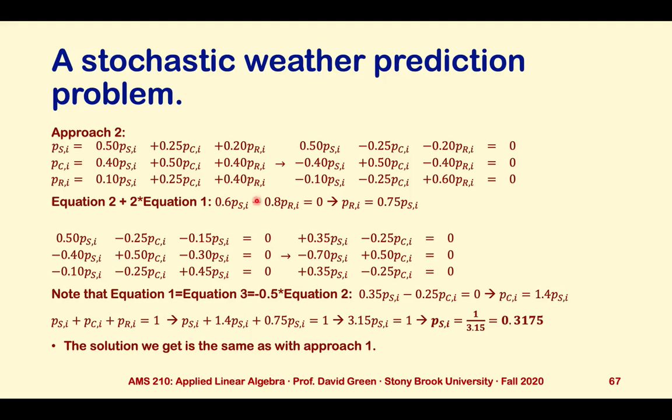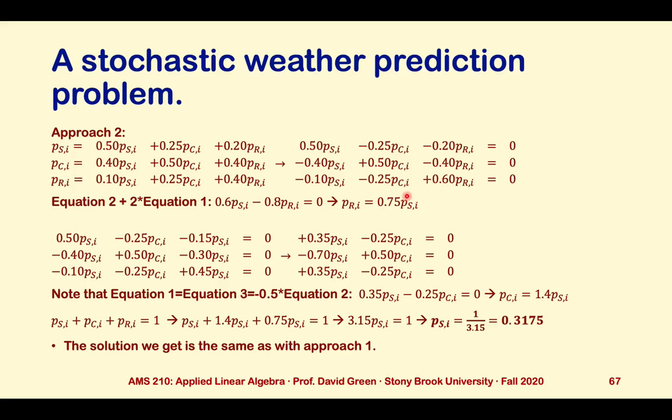This is our equation from that manipulation, 0.6 PS minus 0.8 PR. This lets us write PR in terms of PS. PR is 0.6 over 0.8 PS, or 0.75 PS.